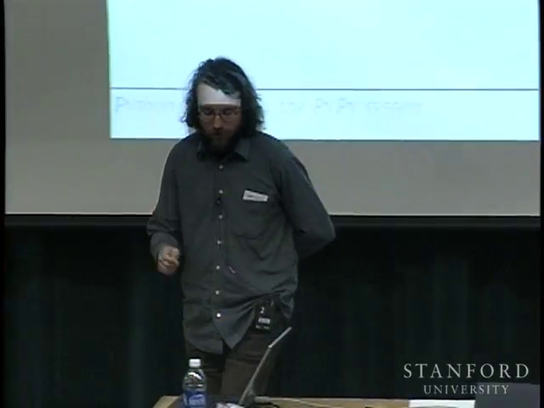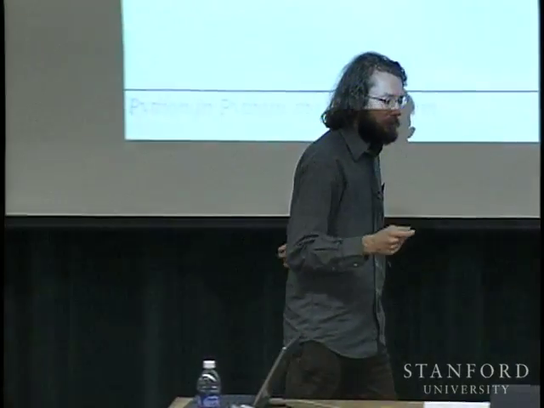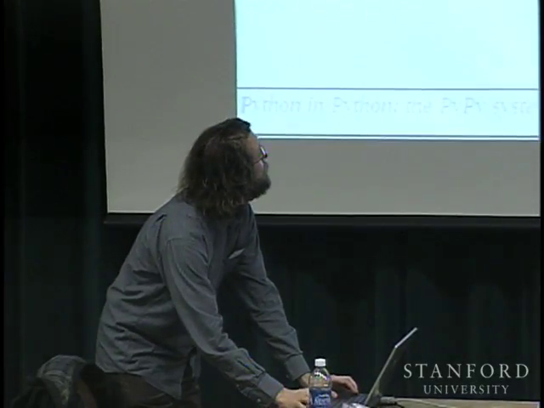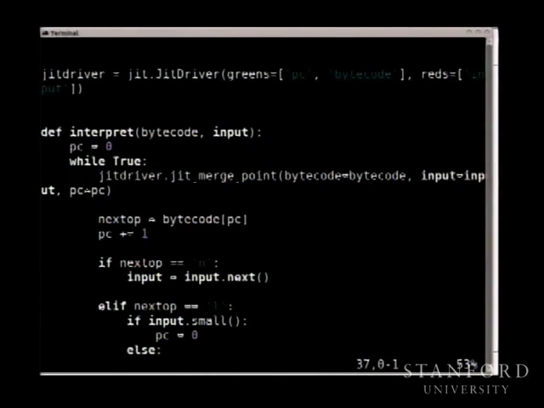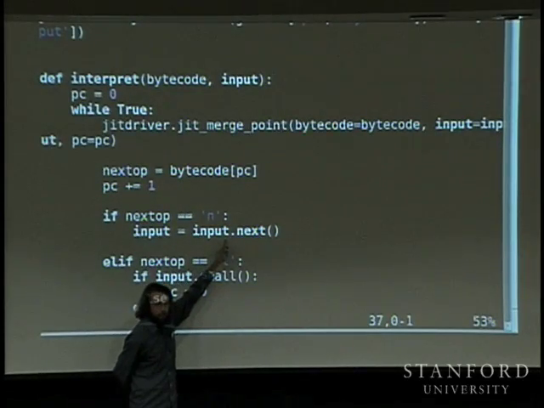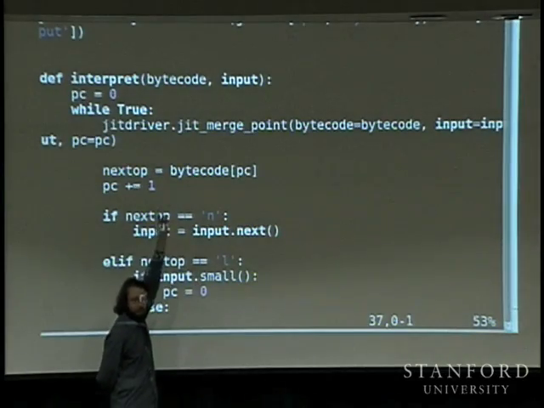Some optimizations are really effective. The most important optimization is escape analysis. Because in a typical interpreter, let's just look at the interpreter here, if you do an add operation, then you take a boxed object, for example an instance of the class Integer.